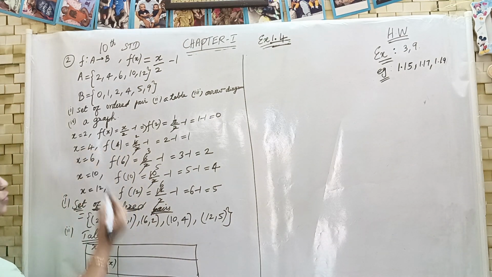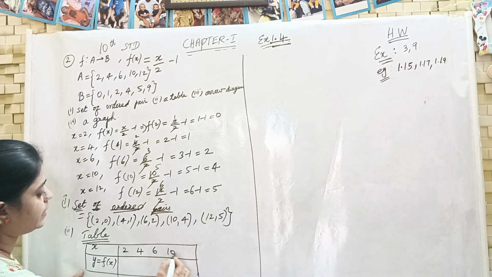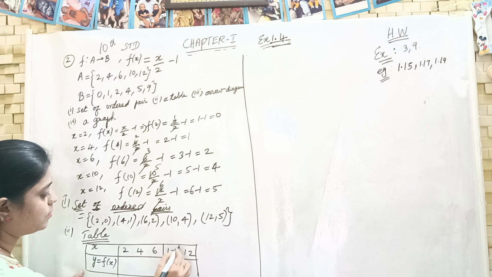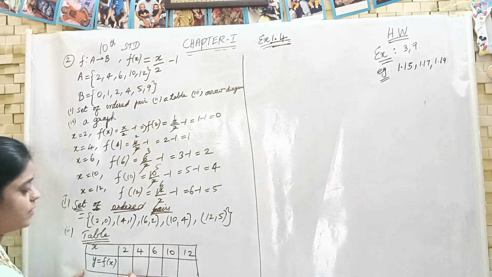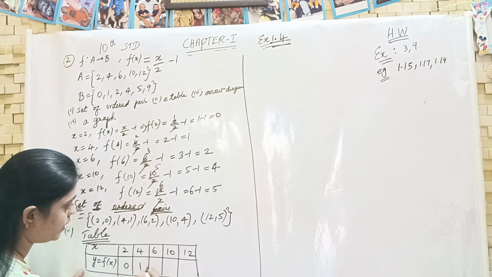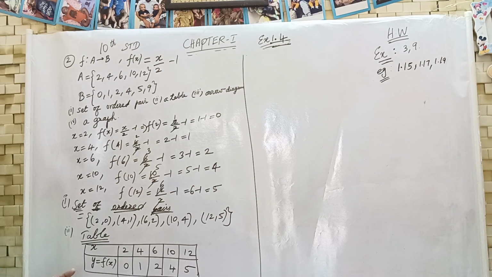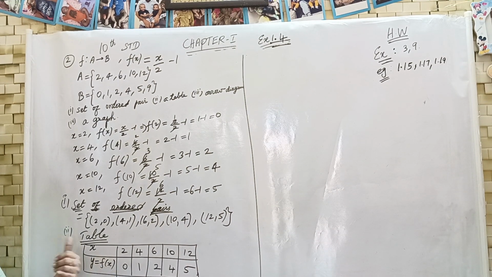So how many values? 2, 4, 6, 10, 12. The table எழுதுவோம். Just these values only. 2, 4, 6, 10, 12 and 0, 1, 2, 4, 5. இதுதான் உங்களோட table values. So it is a table.